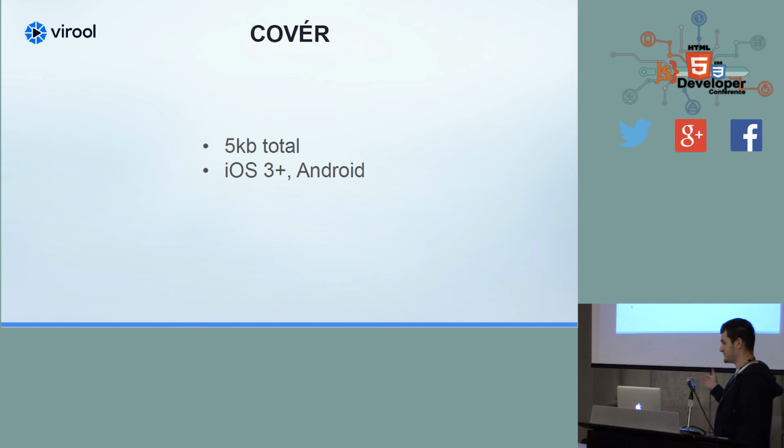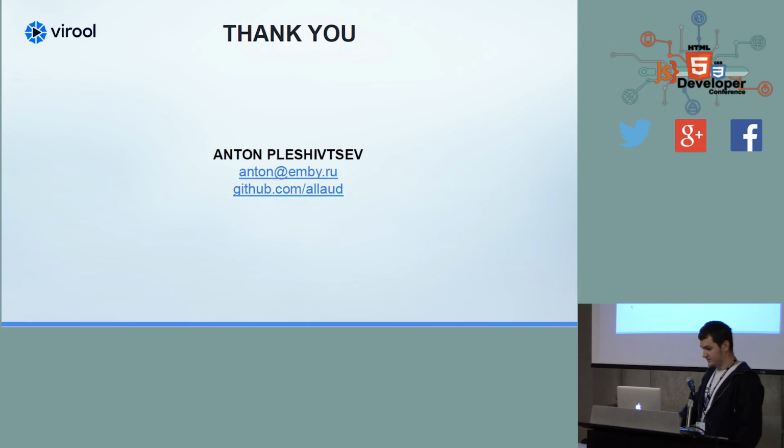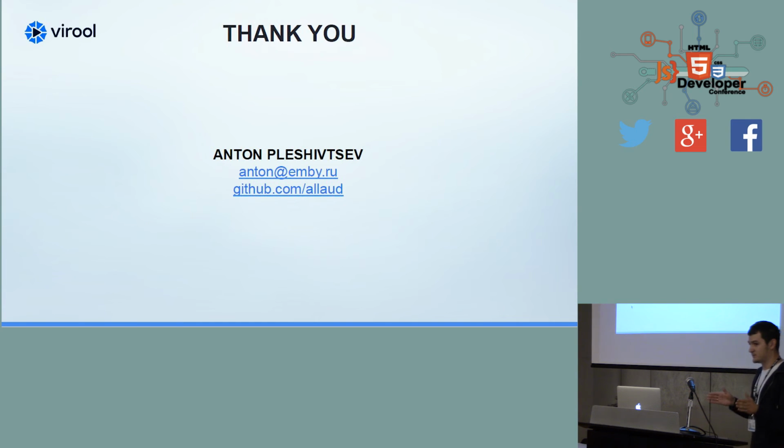So this player requires special software to convert videos to its own format. So thank you. This is pretty much it. This is a quick description of our player and its technologies, APIs, and if you have any questions, I'm glad to answer.